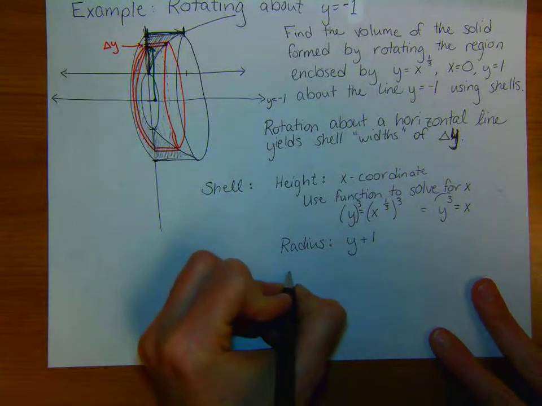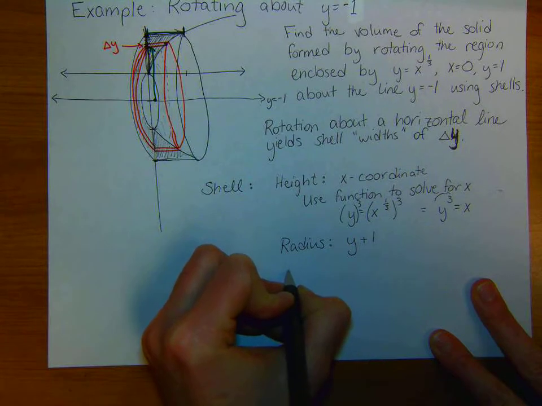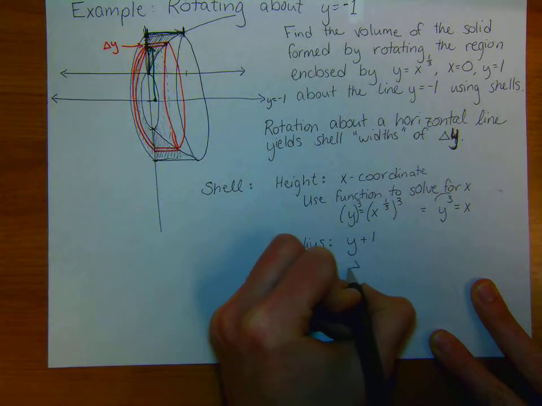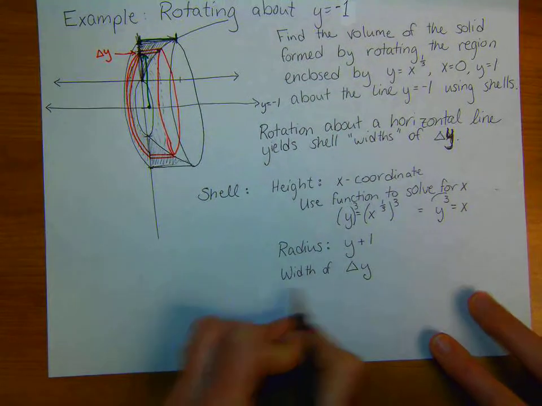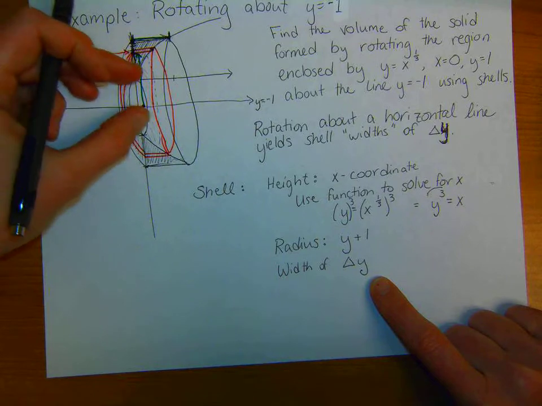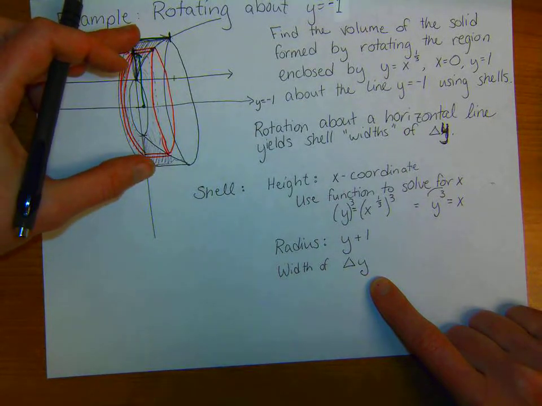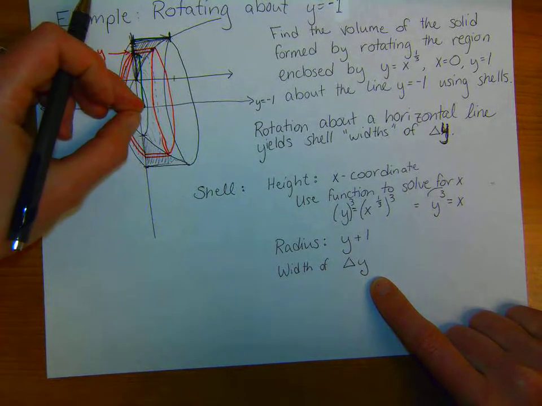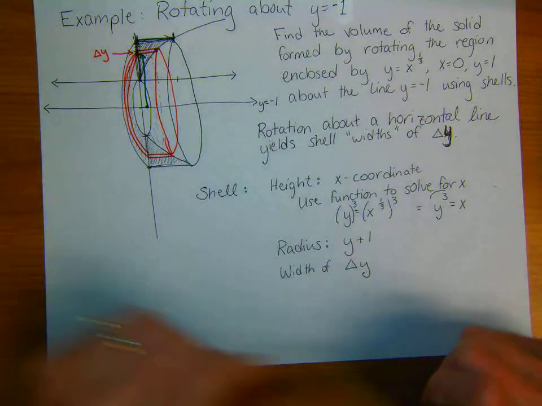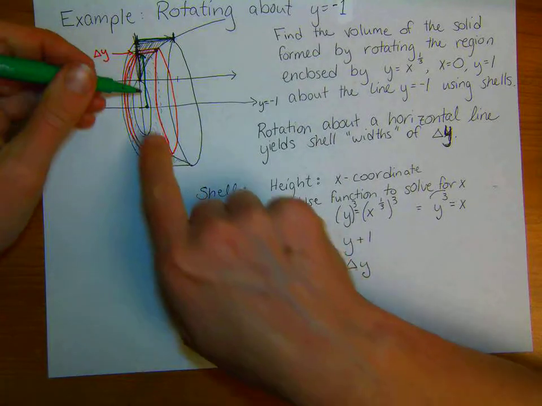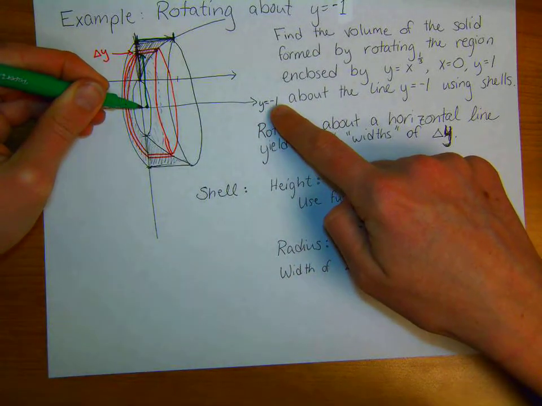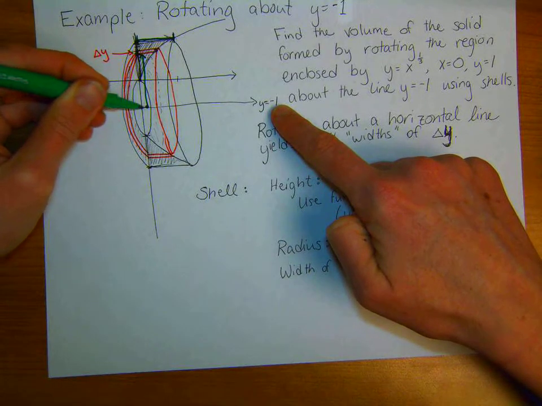And the final thing that we already found, we know that this is going to be a width of delta y. I have to think about where my delta y's start and where they stop. I want to think what is the center of this figure and what is the very outside edge of this figure. We have to be a little careful. Although we're rotating around the line y equals -1, that's not where my figure starts, because my figure is empty right there.